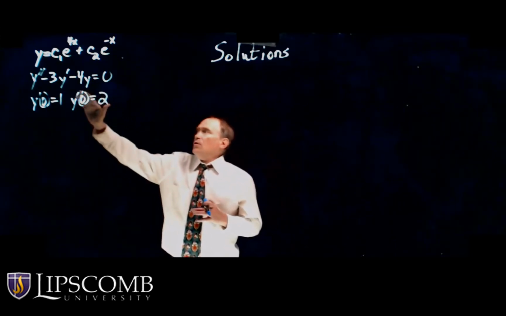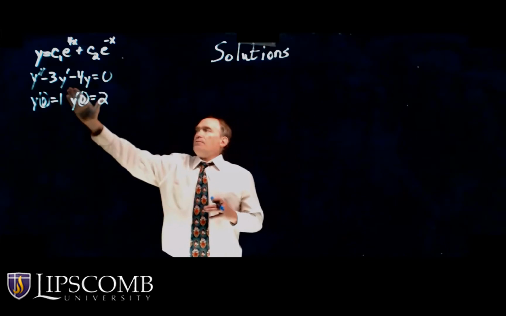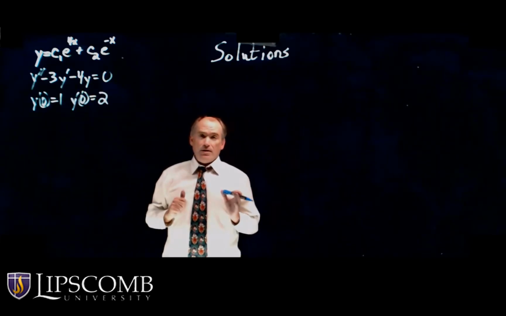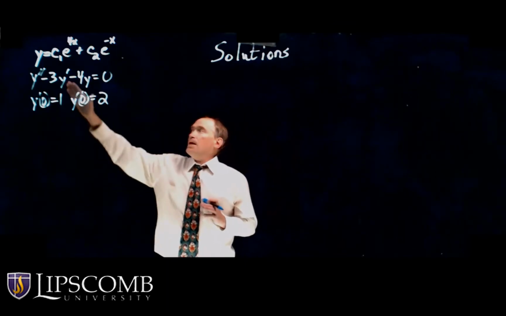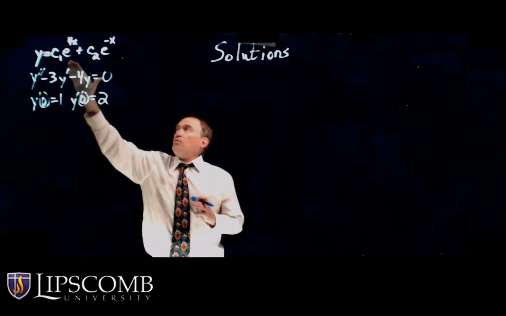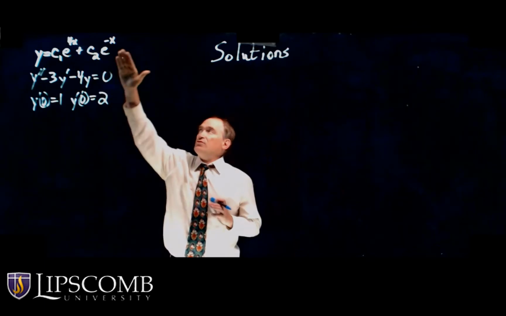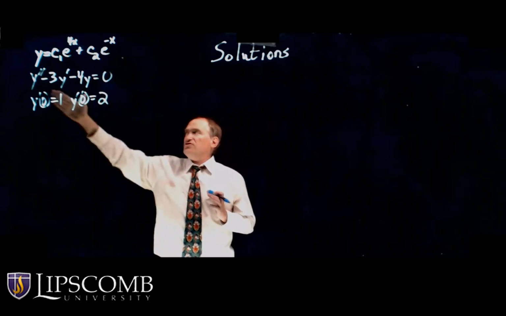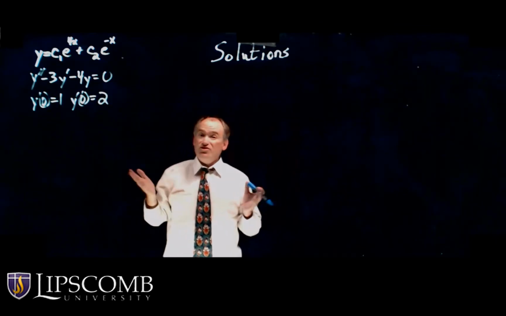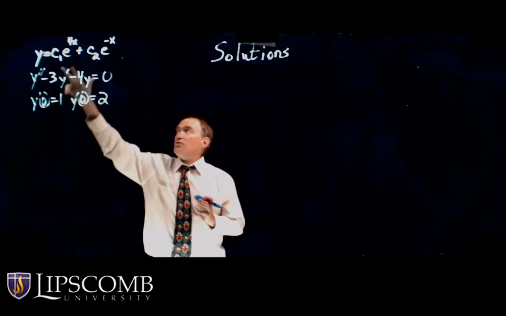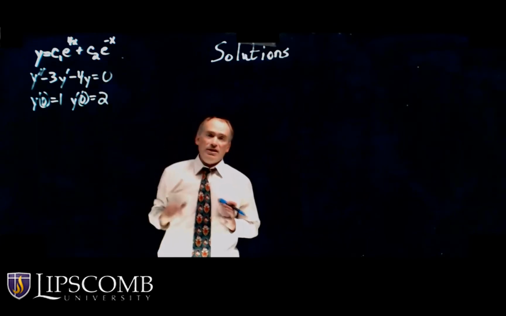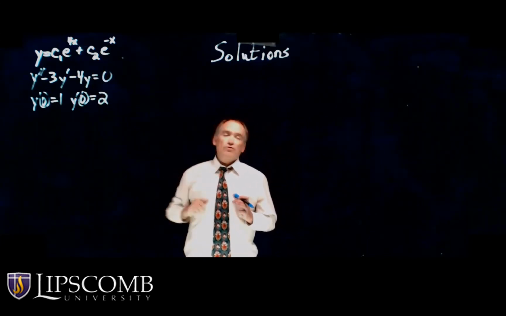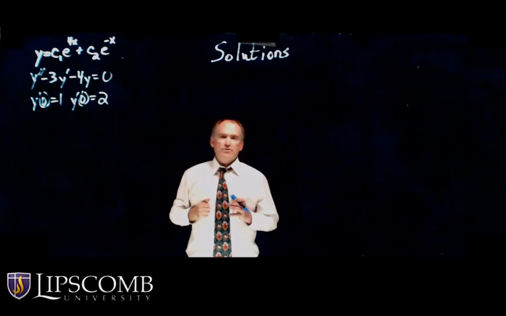I've got y double prime minus 3y prime minus 4y equal to 0 as my differential equation. y equal to c1 e to the 4x plus c2 e to the negative x is a family of solutions to the second order equation. We know it's the general solution because this is second order, and I have two linearly independent solutions here. So this is the general solution to this differential equation.